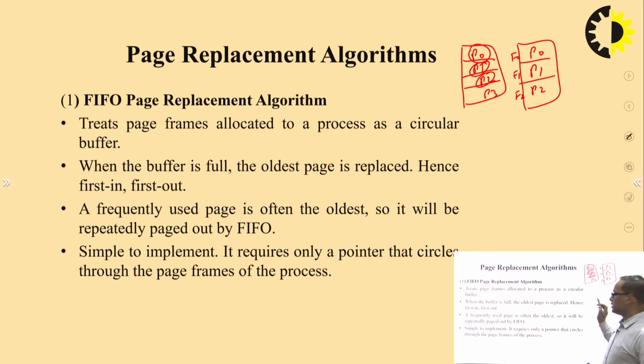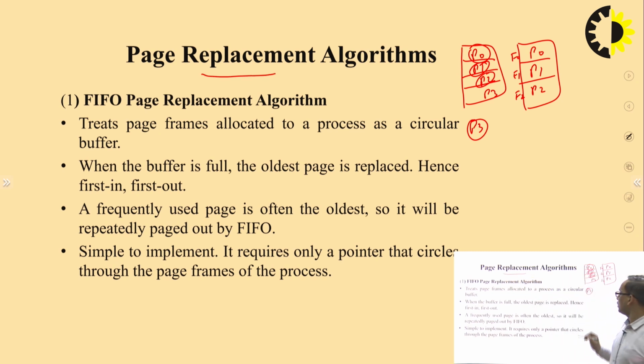Now suppose next time the CPU refers to page 3. In order to execute the instructions of page 3, page 3 must be available in main memory. But since at this time there is no free frame available and main memory is full, the concept of a replacement algorithm comes into existence.